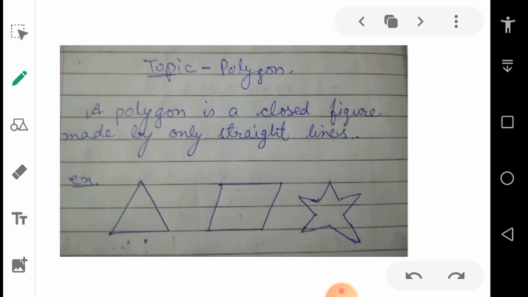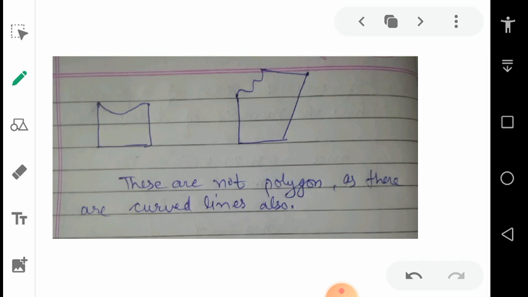But there are other shapes. Okay, is it possible that some shapes are not polygons? How is it possible? See these figures, you can see in both of these there are straight lines, but some curved lines also exist here, so they are not polygons.